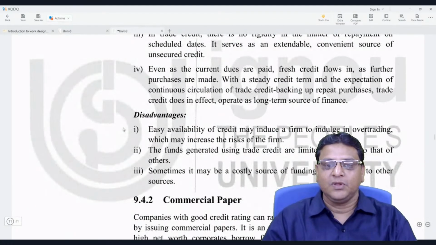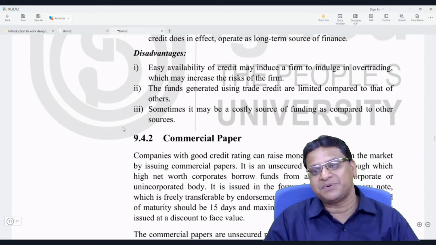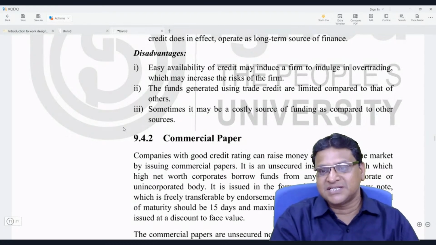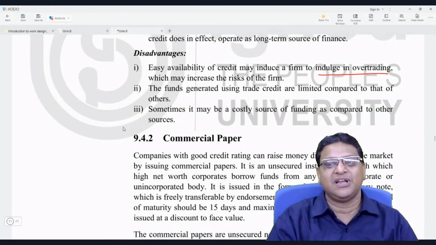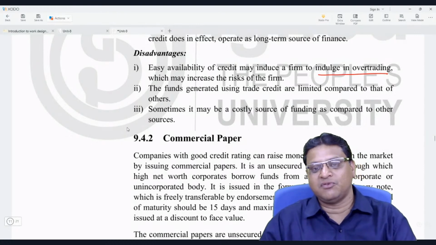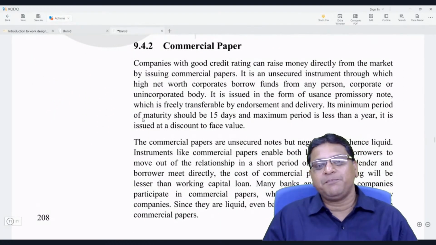Next, what are the disadvantages of trade credit? The main disadvantage is that if you use more and more trade credit, there is a chance that you indulge in overtrading.